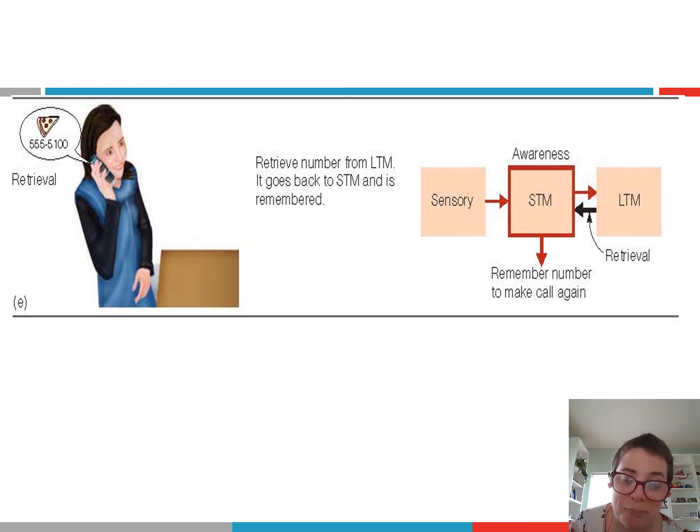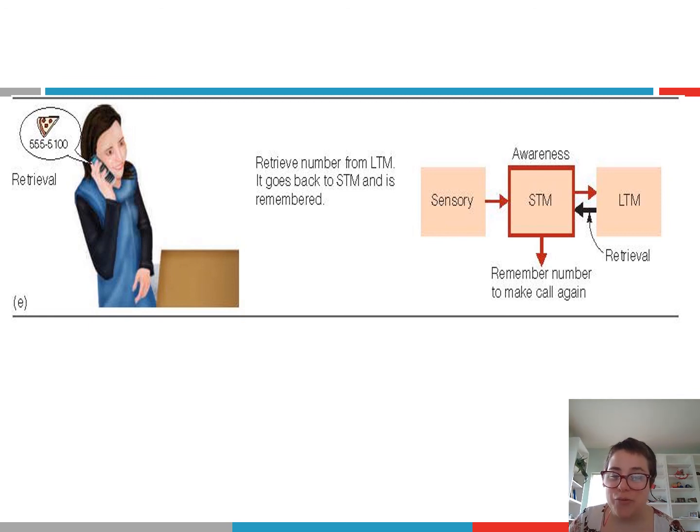So I didn't say that before, but essentially part of the model is that there's constantly an interchange between long-term memory and short-term memory. Anything that is currently registered in your long-term memory can go back into short-term memory whenever it's currently the subject of your attention or whenever it's currently in your awareness.